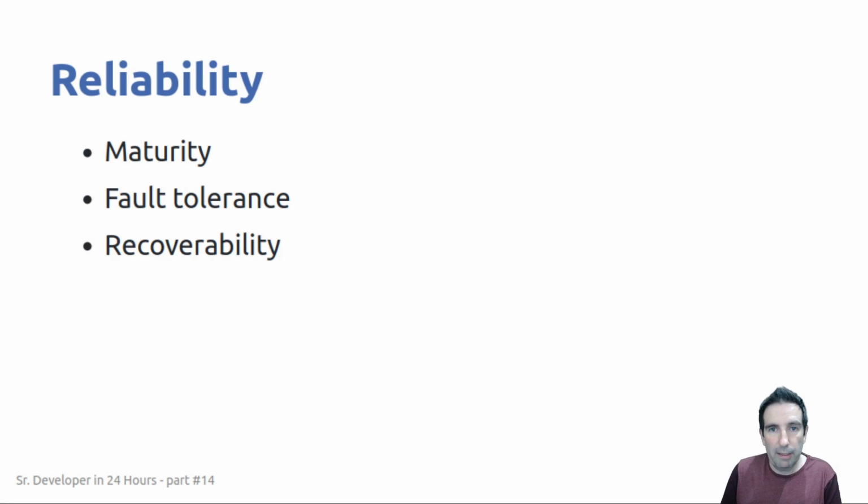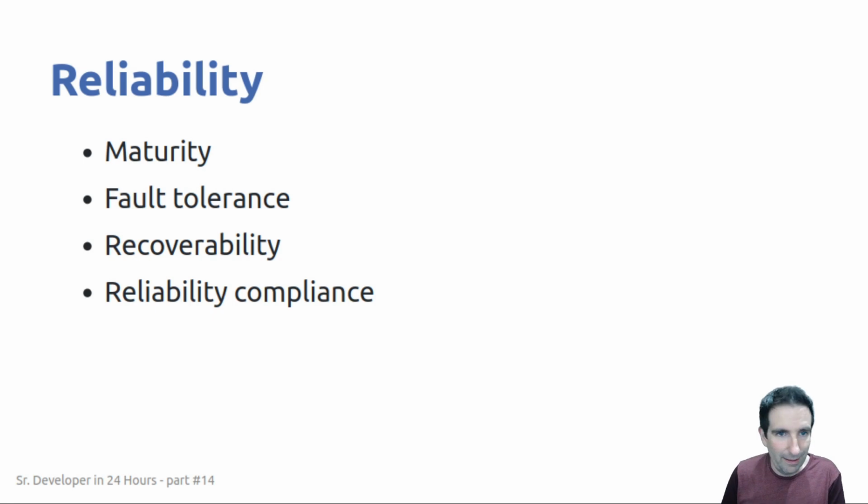Other things that we care about when we're talking about reliability: can we recover from hardware failures, from component failures, things like that? Do we have any reliability compliance that we have to meet within our organization? All of those things matter for us to say that our code is high quality. And again, we're going to talk a lot more about reliability in a future session. So for now, let's just put it to the side.